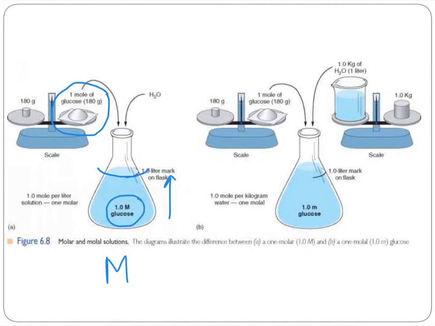In molality, you would start with 1 mole of glucose and put it into your flask, but then you would add a kilogram of water, and so you see that the volume at the end is actually above the 1 liter mark. You're making more than 1 liter because you're putting in a full liter of water, whereas in the molarity over here on the left, you only add enough water to get to the 1 liter mark, and some of the volume is contributed by the glucose molecules themselves, because they're three-dimensional and they take up space.